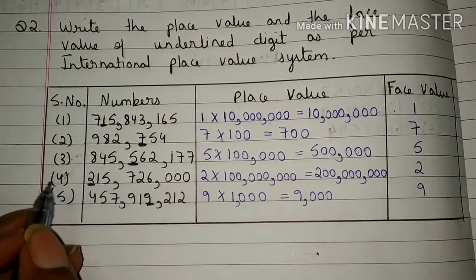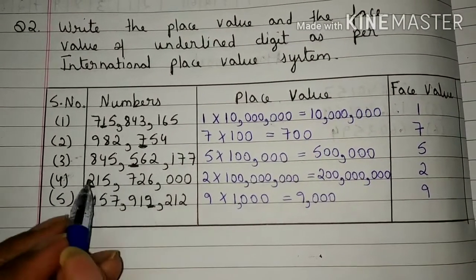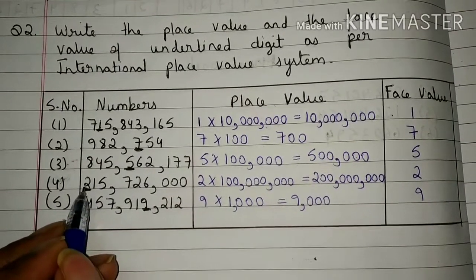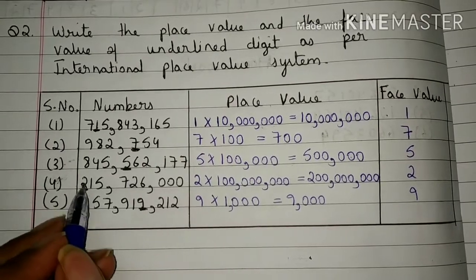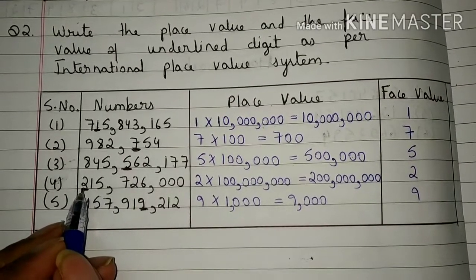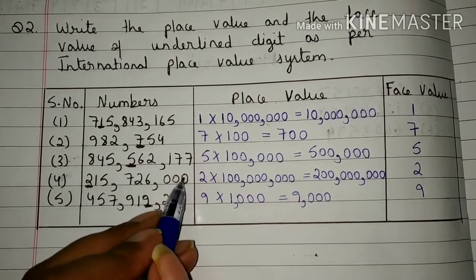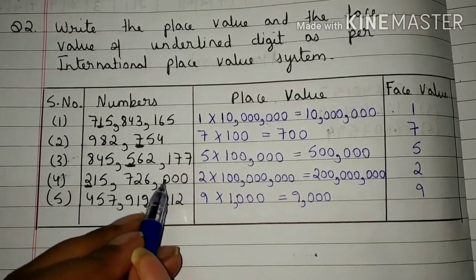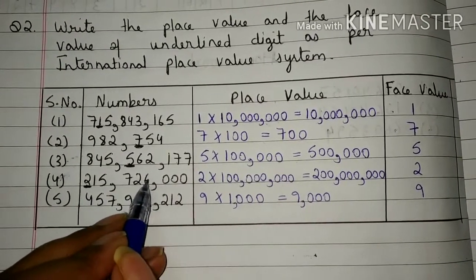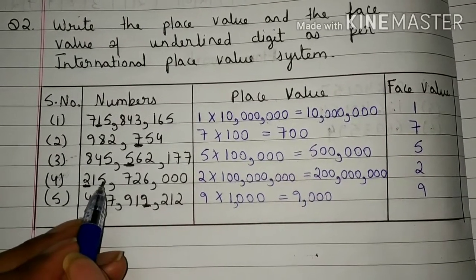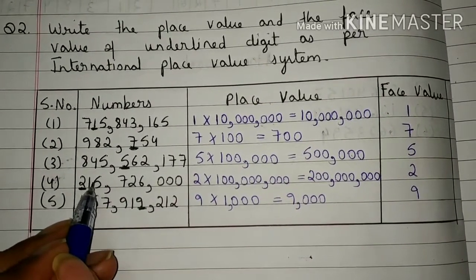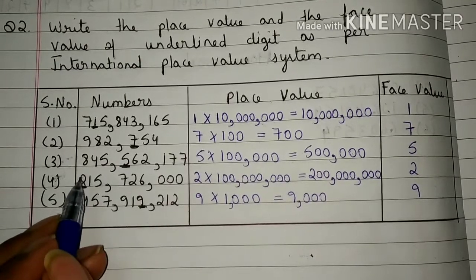Fourth question. Students, in this question, underlined digit is 2. So, you have to write the place value and the face value of this 2. Students, this is ones place, tens place, hundred place, thousands place, 10,000 place, 100,000 place, million place, 10 million place, 100 million place.